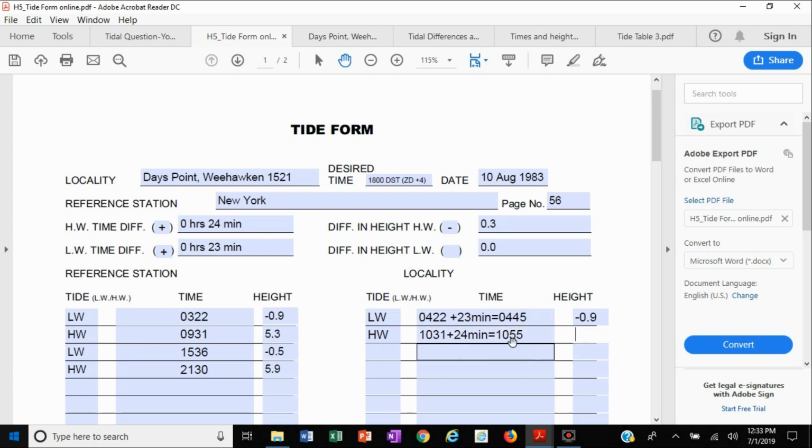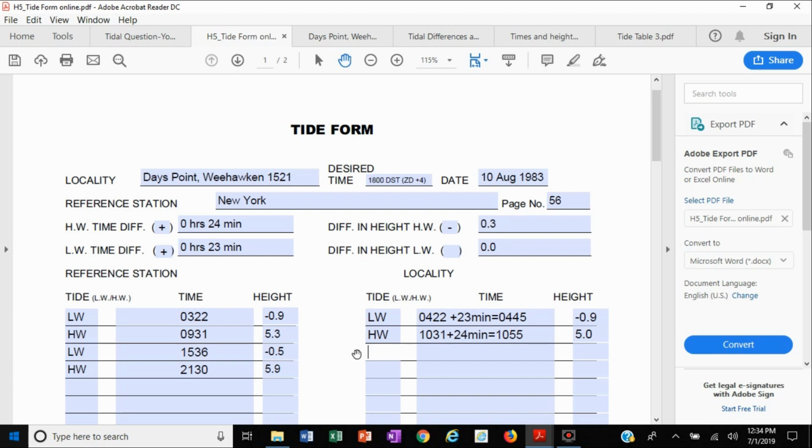Okay. So now we have a height difference. So we have a 5.3 over here, but this is high water. We have to take away 0.3. It's negative 0.3. If it was positive, we would add to that 5.3, but it is a negative here. So we're going to subtract, which would make it 5.0.